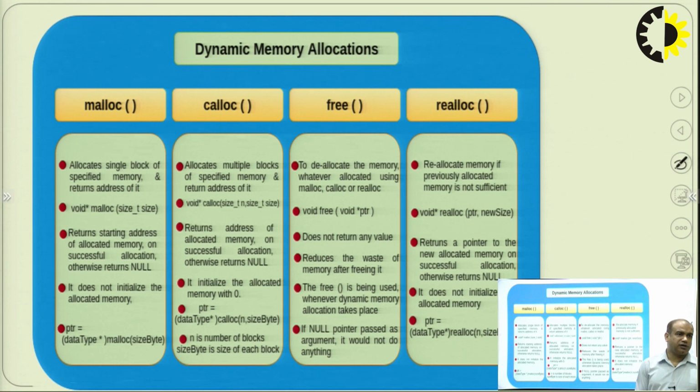First, malloc allocates a single block of specified memory and returns its address, while calloc allocates multiple blocks of specified memory and returns the address, while free deallocates memory allocated using malloc, calloc or realloc, while realloc reallocates memory if previously allocated memory is not sufficient.